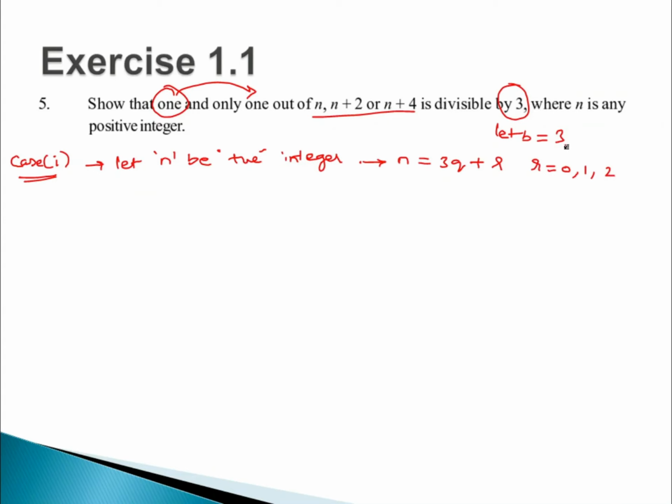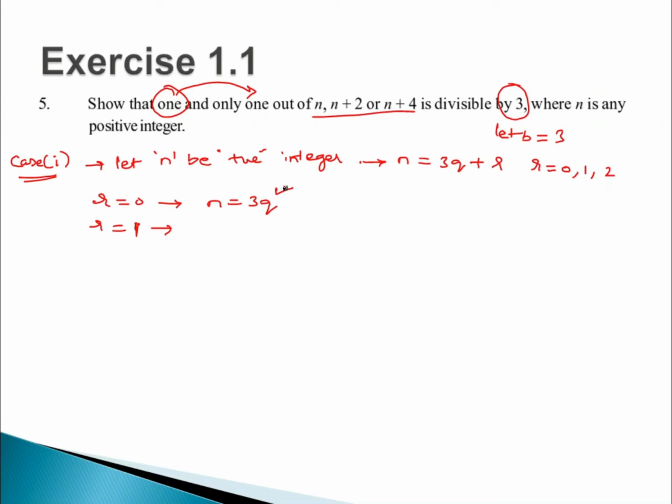Now consider r equals 0. If I'm taking r equivalent to 0, 3q is divisible, isn't it? It is divisible directly.